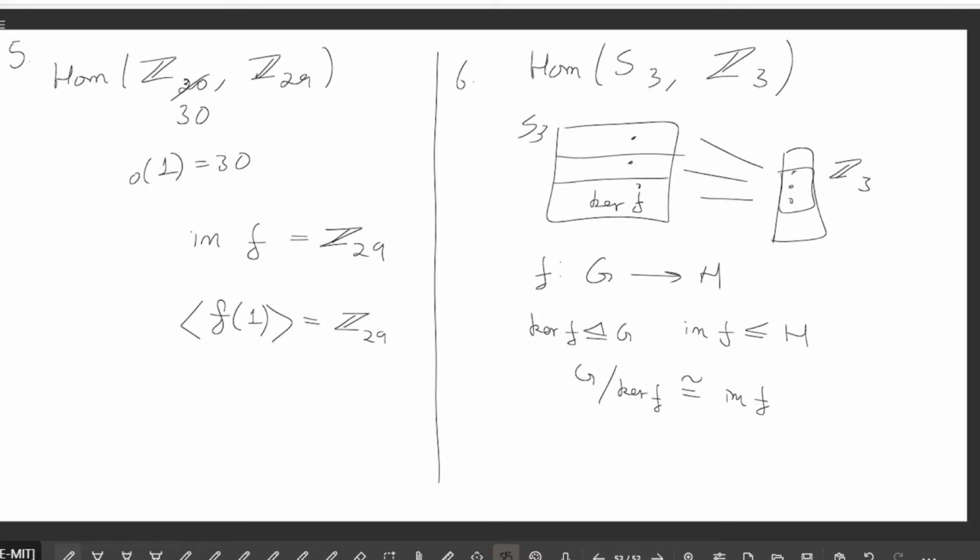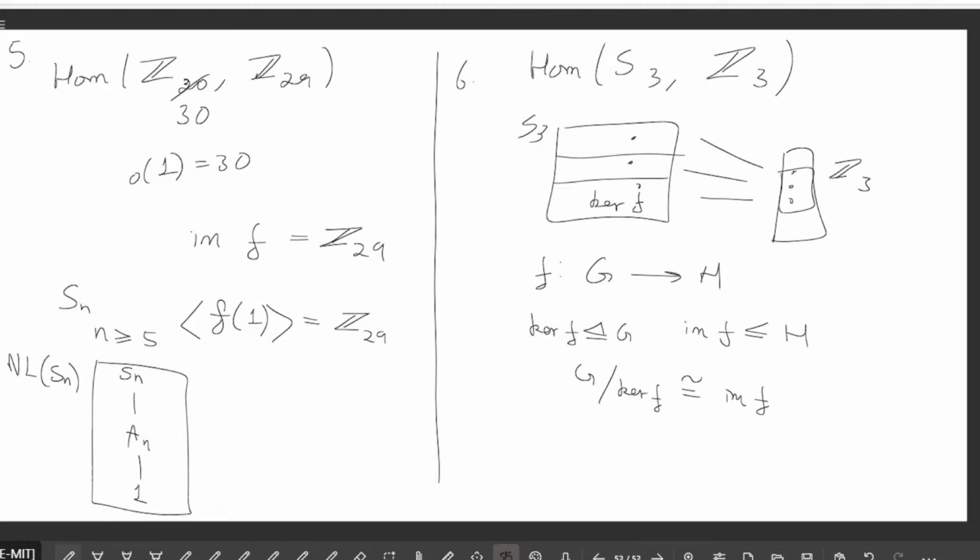What are the normal subgroups of S3? Trivial subgroup, whole group, what else? For any n greater than or equal to 5, the normal subgroup lattice of Sn, not the entire subgroup lattice, the normal subgroup lattice of Sn is a chain.